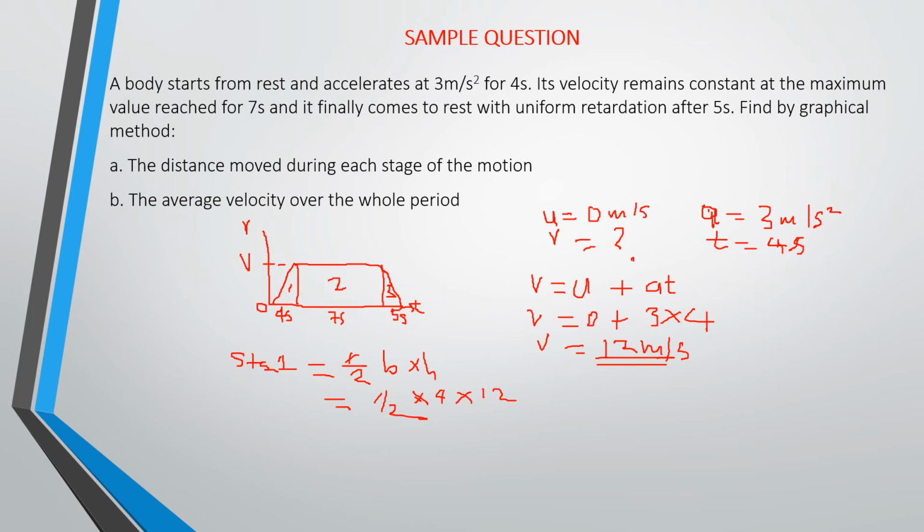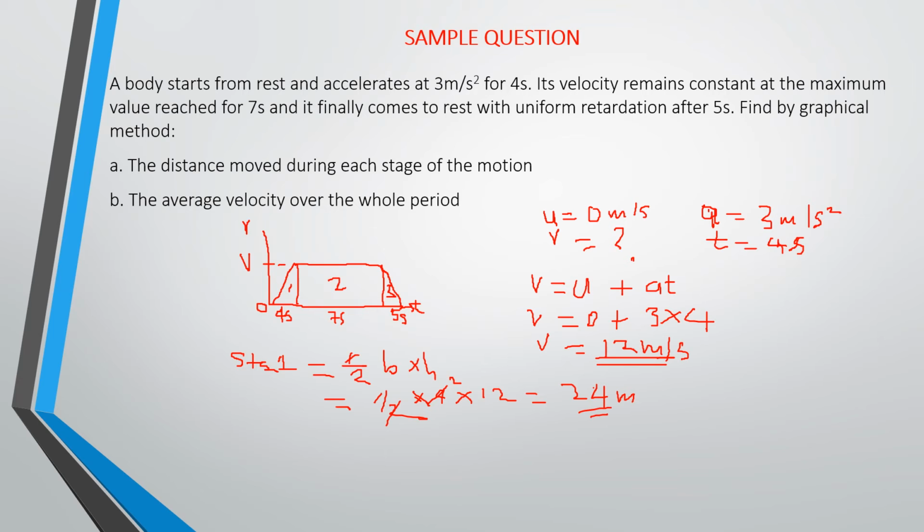The 2 cancels the 4 to give 2, so you have 2 times 12, which equals 24 meters. So 24 meters is the distance for stage 1.